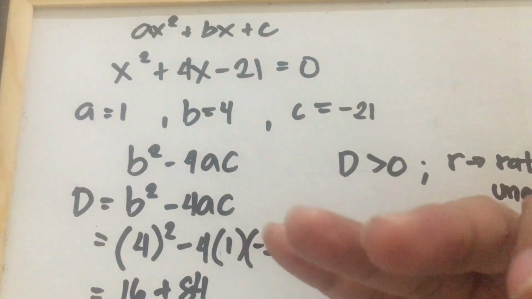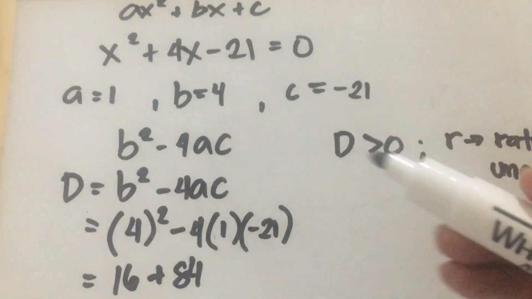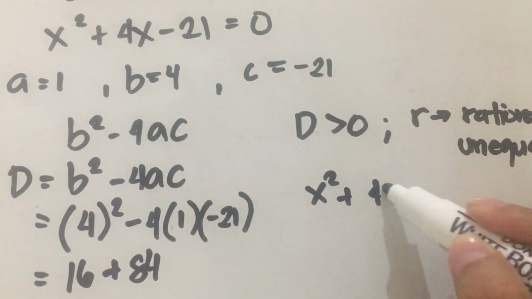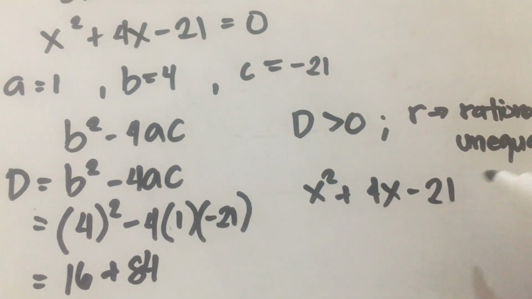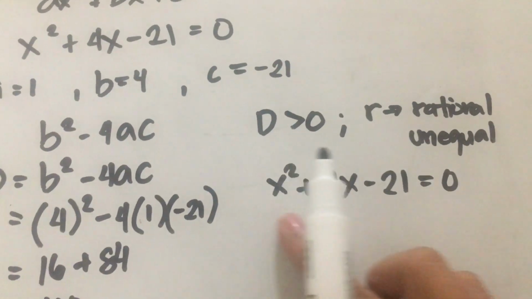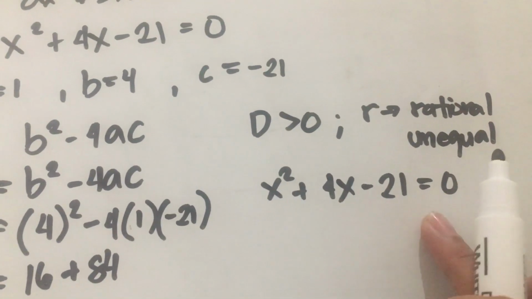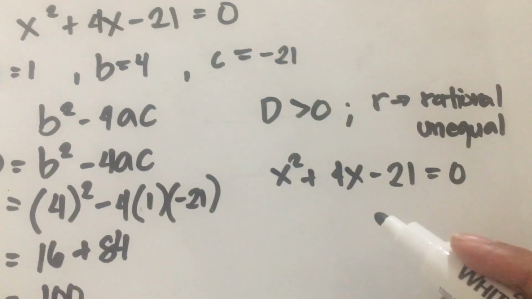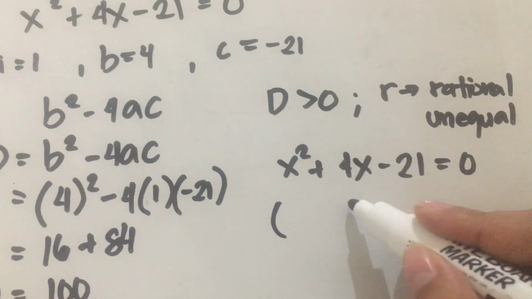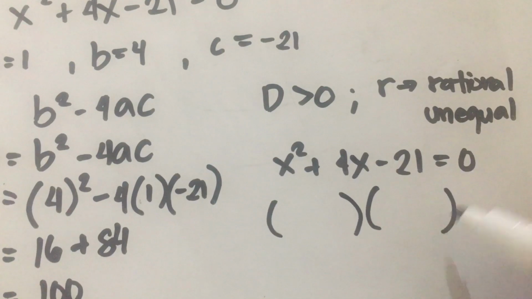In my case, right now, I will use factoring. So we have x squared plus 4x minus 21 equals 0. How can I factor it? To factor it out, you have to use two parentheses because that is a quadratic equation.